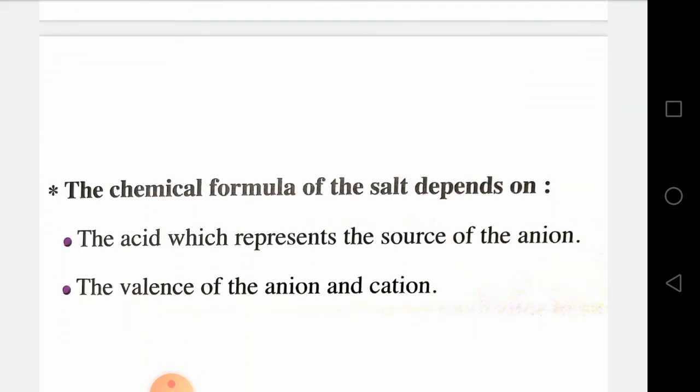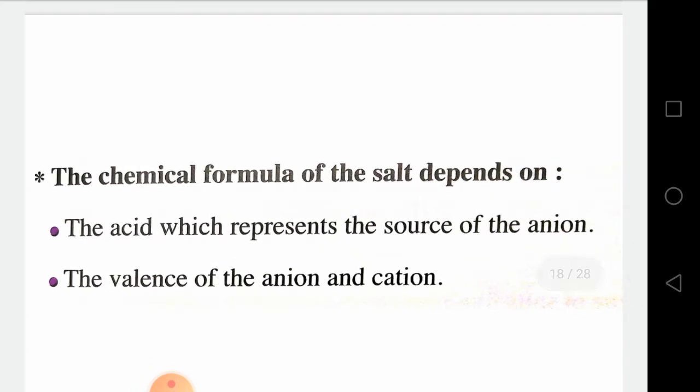The chemical formula of the salt depends on, firstly, the acid, which represents the source of the anion, while the second factor affecting the chemical formula of the salt is the valency of the anion and cation.